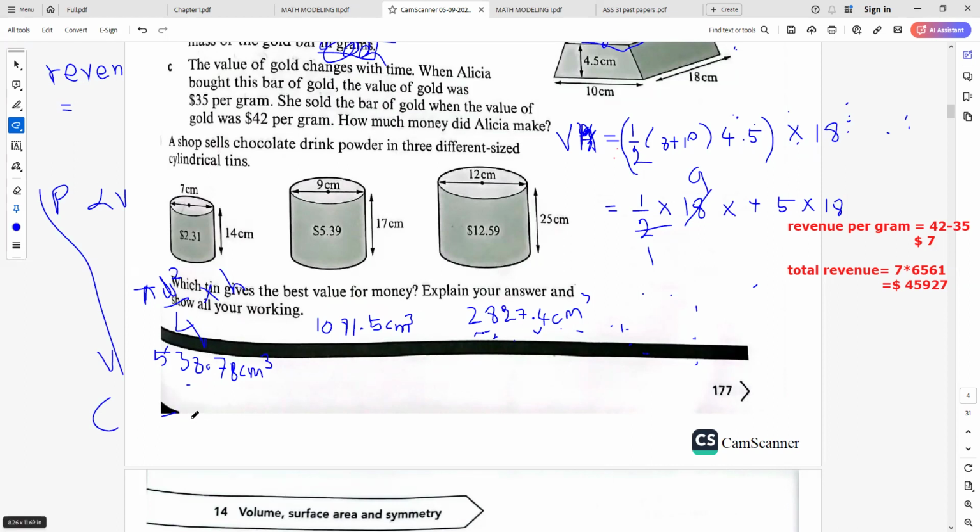The cost is 2.31 here, 5.39 here, and 12.59 here. Now we have to check whether the cost coincides with the volume. Then we can determine which tin is best for the money.